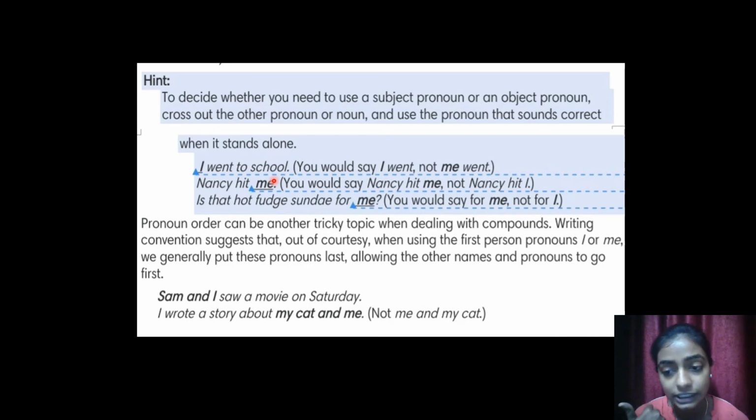So what you do here is you try to read it when it stands alone. You remove the other noun or pronoun and see what sounds more correct.